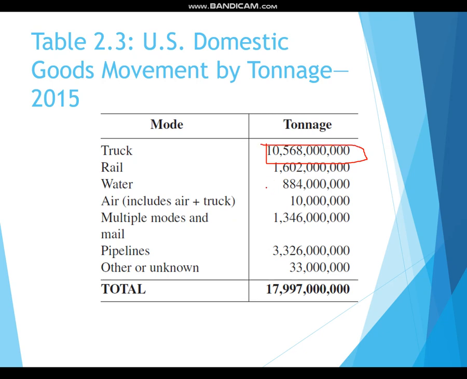A ton is 1,000 kilograms of weight of goods. Between the modes, pipelines usually carry natural gas or oil. Sometimes you have different modes. So this is specifically when we look at traffic in terms of serving goods.